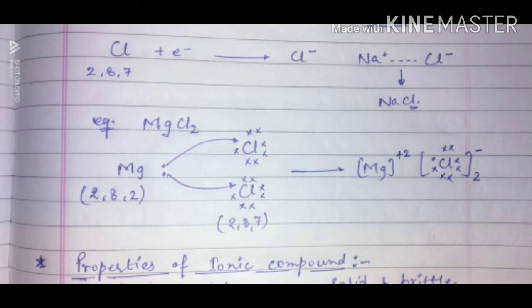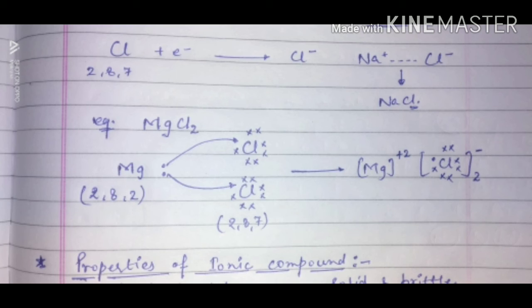Clear? For example, magnesium is releasing two electrons, so we write 2+ on the upper side, and chlorine is gaining one electron, so we put the minus charge on the upper side. There are two chlorines, so we write 2 outside the bracket, which denotes in this formula that the number of chlorine is 2.